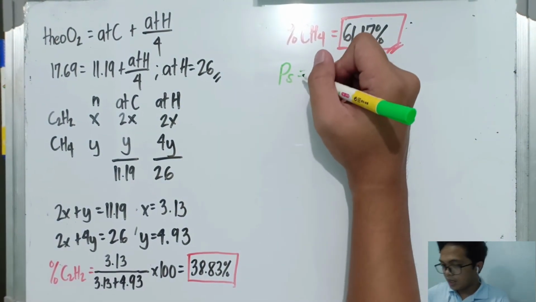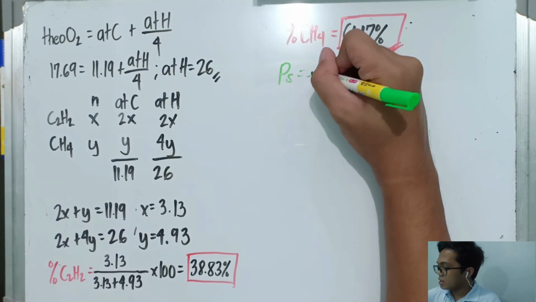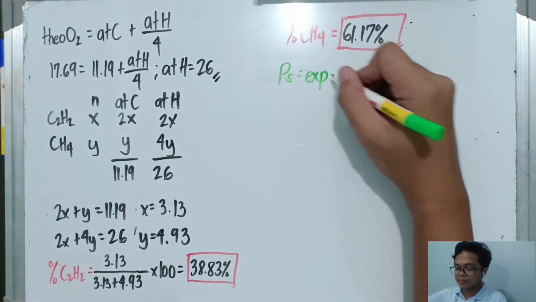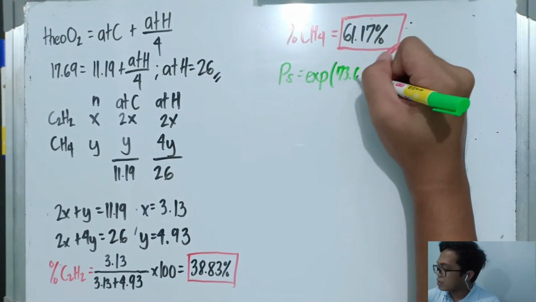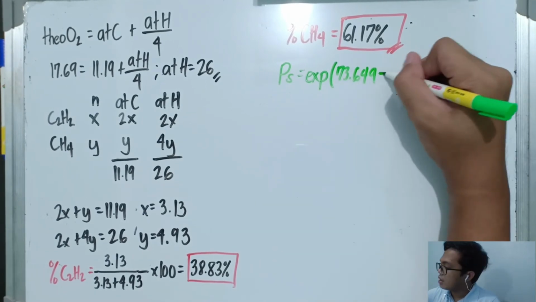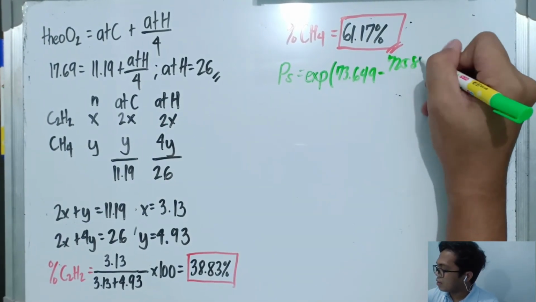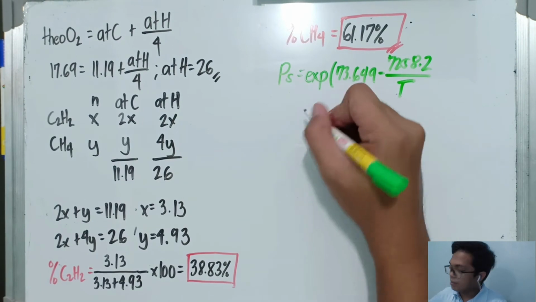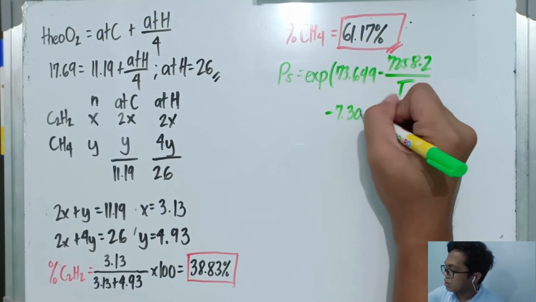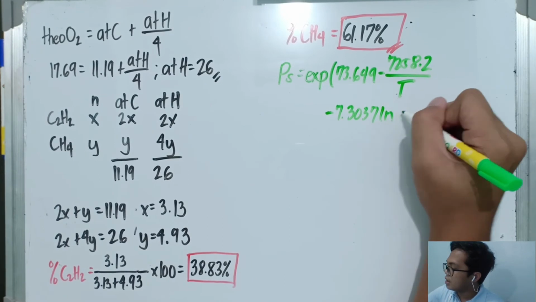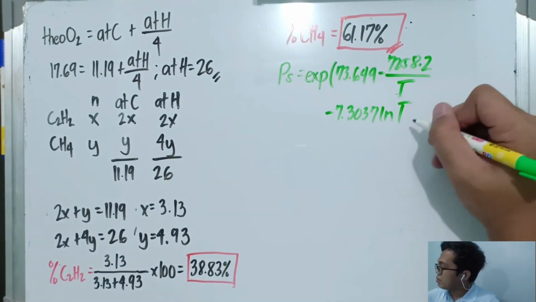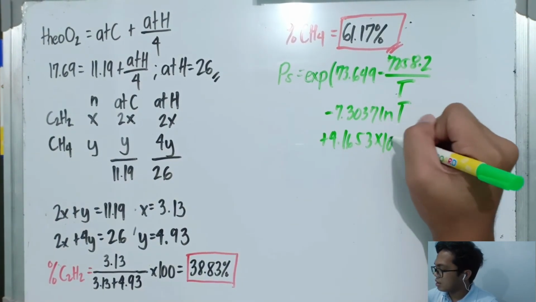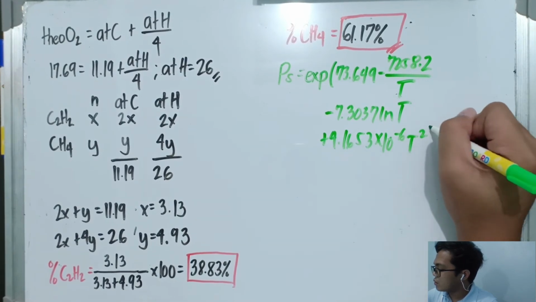Not sure if it is gonna fit in one line, but this is exp. So exp is basically e raised to 73.649 minus 7258.2 over t, then minus 7.3037 ln of t plus 4.1653 times 10 raised to negative 6 t squared.